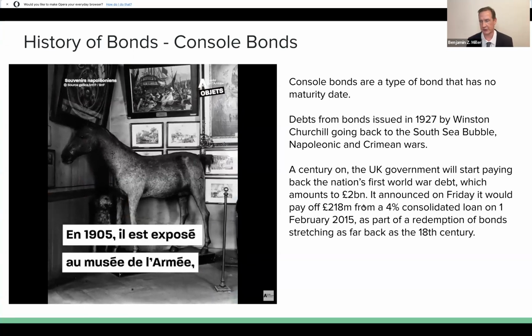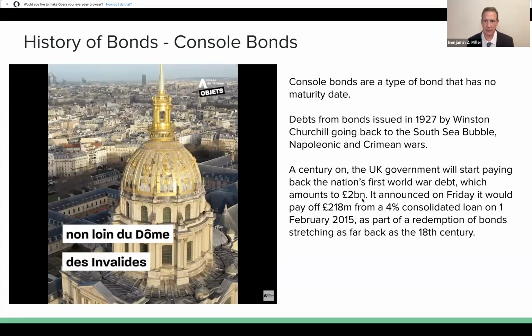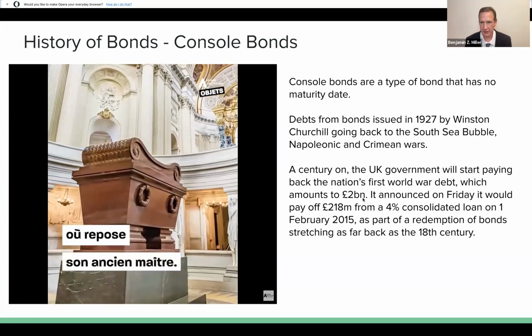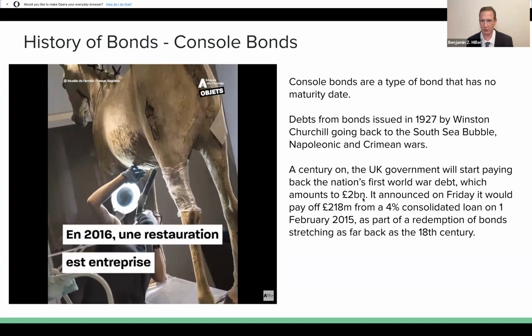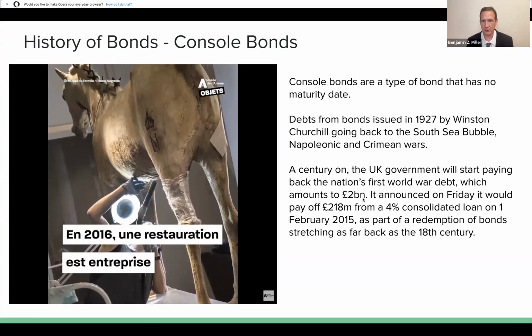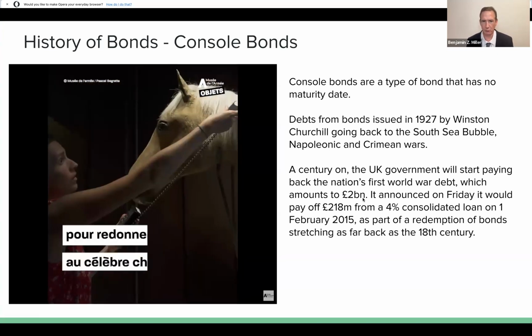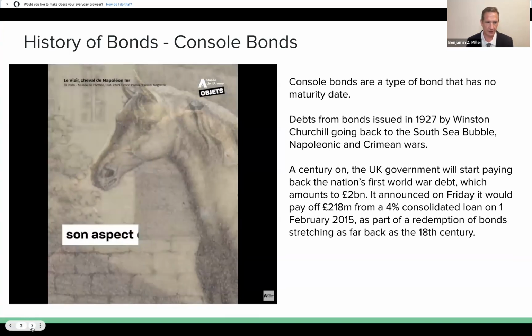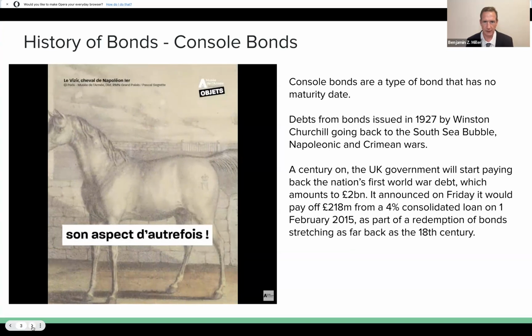But they would actually issue consol bonds, and those bonds stayed out for many, many years. Debts that were issued by Winston Churchill going back to the South Sea bubble, Napoleonic and Crimean Wars. So it's interesting, the history of bonds. Definitely something that's important.